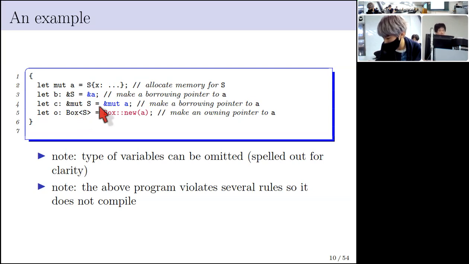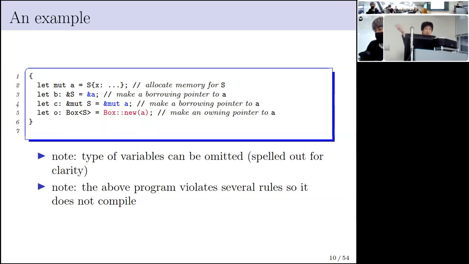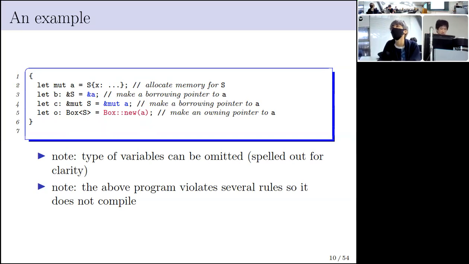And also you can make a mutable borrowing reference by &mut a and assign it to a variable of type &mut S. And you can also make an owning pointer by Box::new(a), and you can assign it to a variable of type Box<S>, right? So these are exactly the three ways I have just introduced to make pointer-like data in Rust.